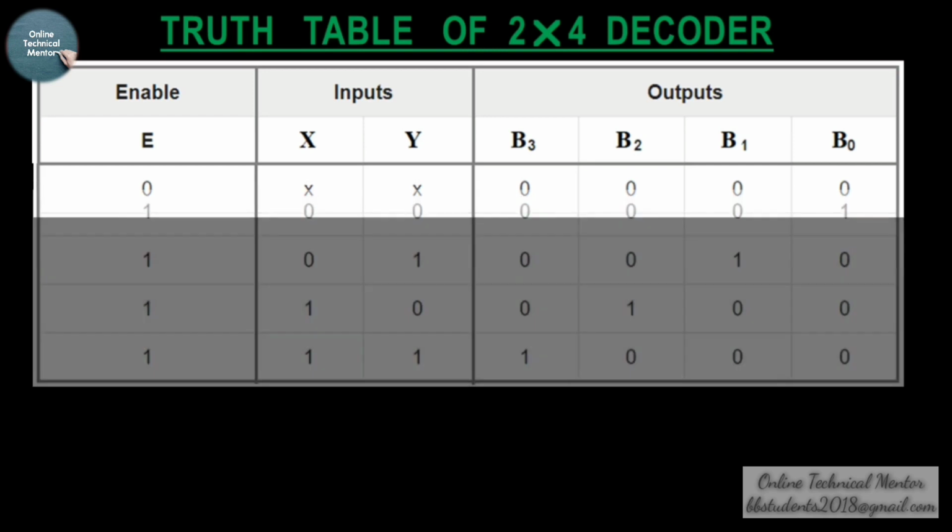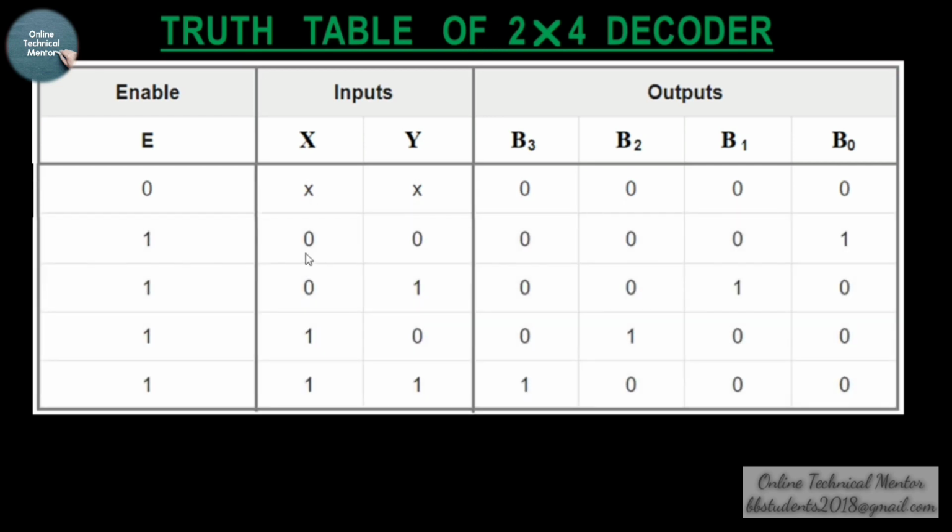Now, when enable line is high, the input may be 0 0, 0 1, 1 0 or 1 1. So there will be 4 possibilities of X and Y. And for each combination of input, you will get a corresponding output. Since in a decoder circuit, any one of the outputs will be logic 1 at a time. So look at the first condition.